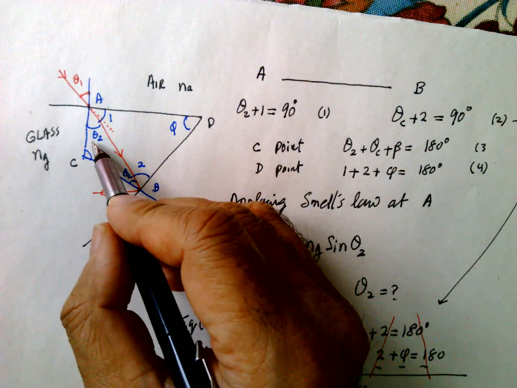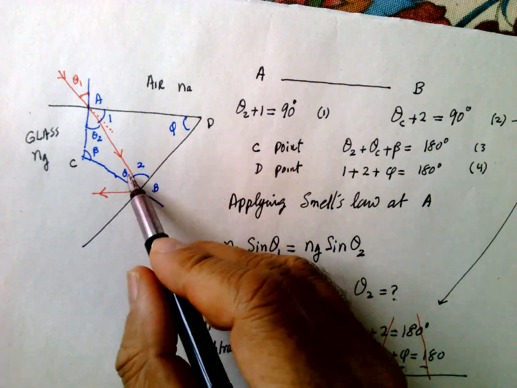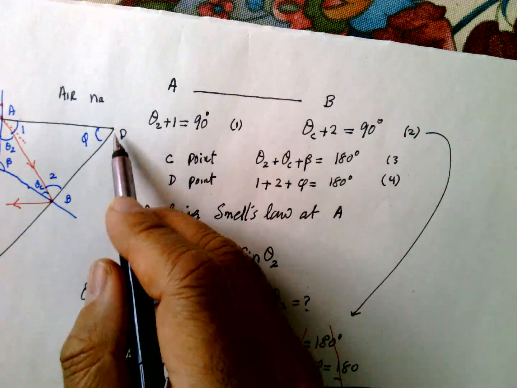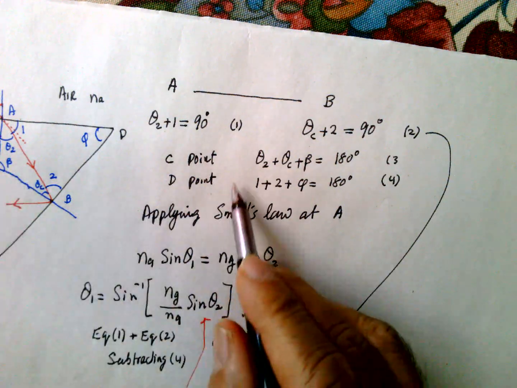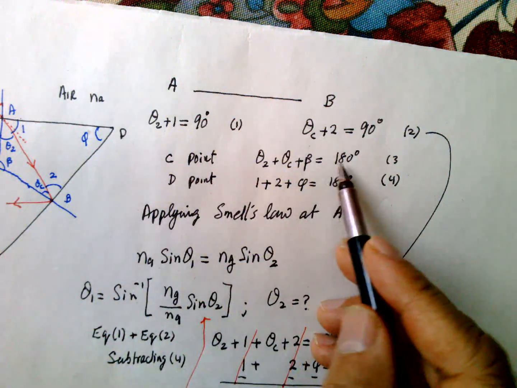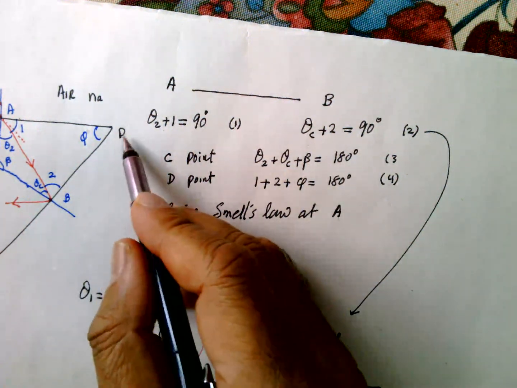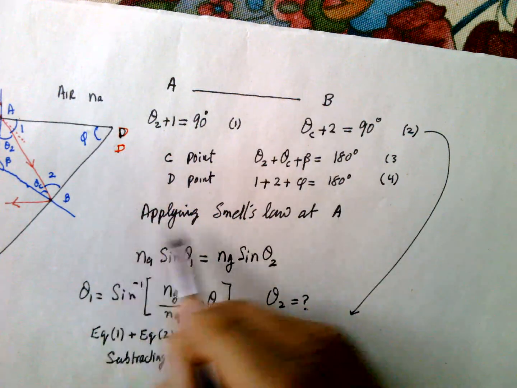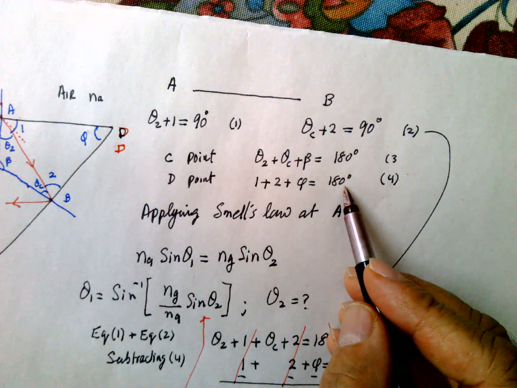At point A, theta 2 plus angle 1 is 90 degrees. At point B, angle 2 and theta C make 90 degrees. Then point C is here: theta 2 plus theta C plus beta is 180 degrees, a triangle. And then point D: if you consider point D, angle 1, angle 2, and phi is equal to 180 degrees.